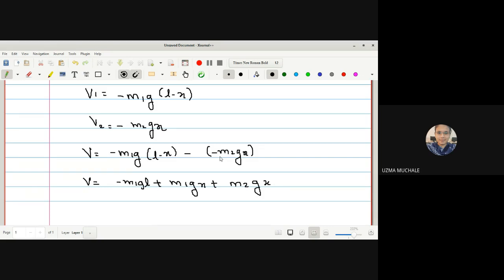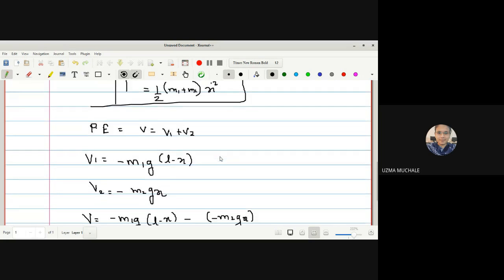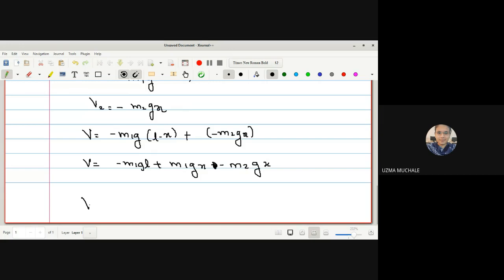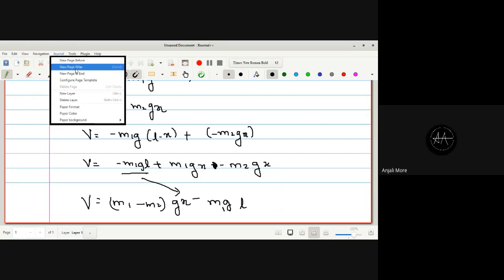Minus m1 g (L minus x) minus, sorry, actually it is not V1 minus V2, it is V1 plus V2, so here it should be plus sign, so here this will be negative. So what I get for the potential energy is, if I take this m1 minus m2 here, what remains? g x remains, and outside I can write as the last term minus m1 g L. Is it okay up to this one? Yes, ma'am.